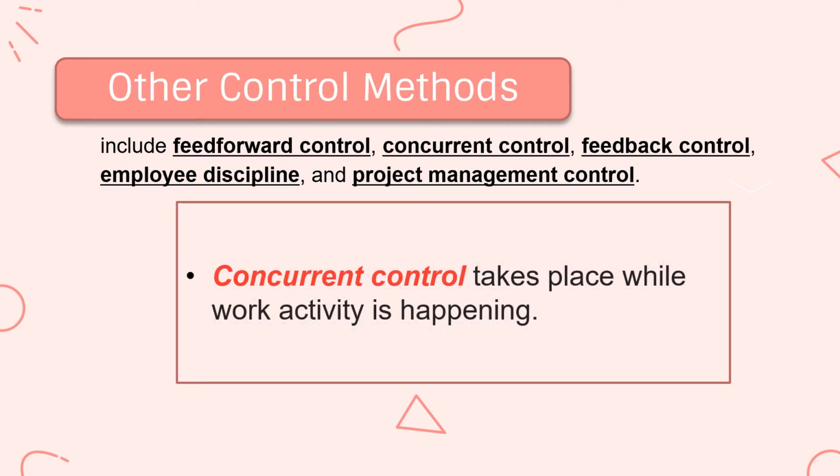So, next one is concurrent control. So, it takes place while work activity is happening. One example of this is tracking by GPS so that the managers can monitor the company vehicles.